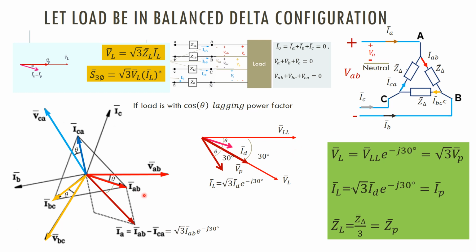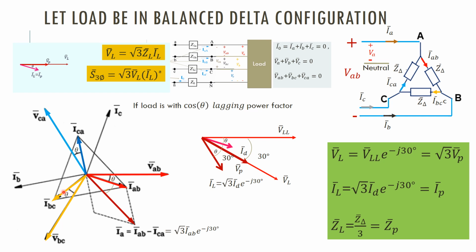Initially, if the load is cos theta lagging power factor, each phase current of the delta connected load will be theta lagging, a theta angle phase shift from VAB, the line to line voltage, that is here.